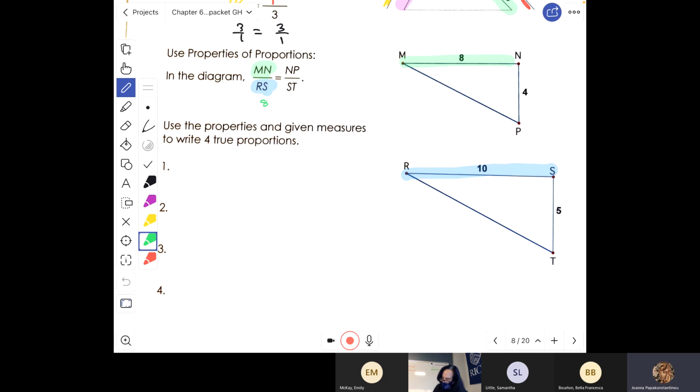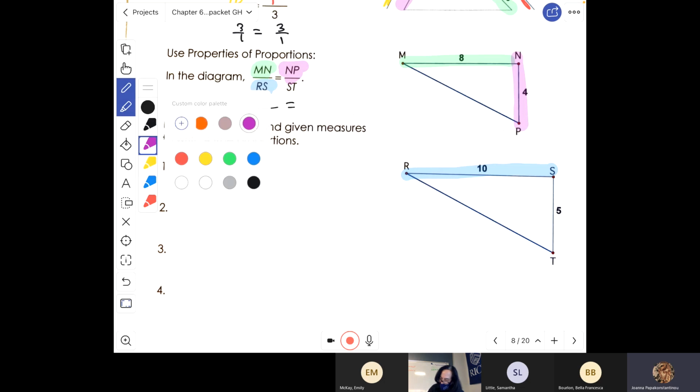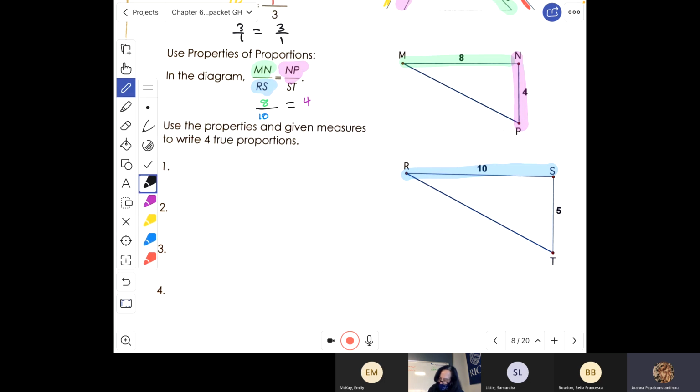So I have 8 over what? 10 equals NP, which is 4, over ST, which is 5. Is that a true proportion?